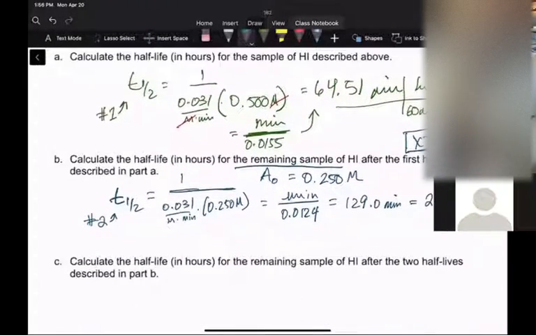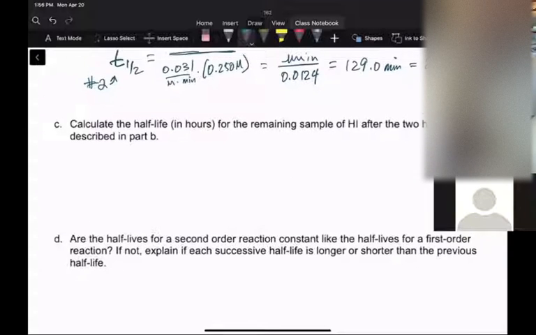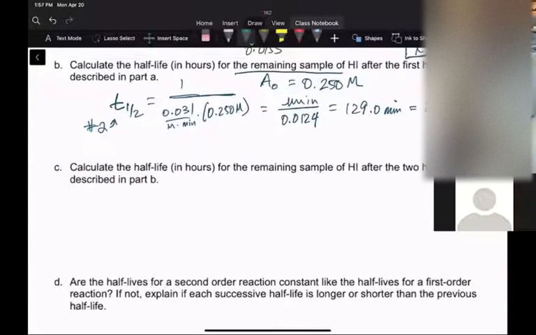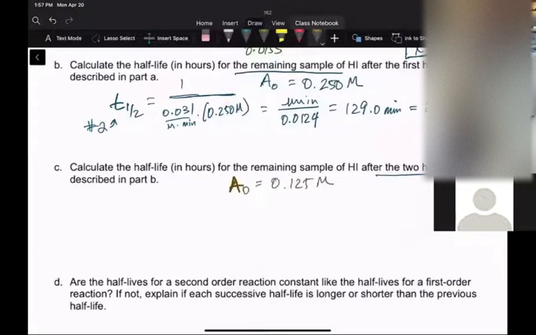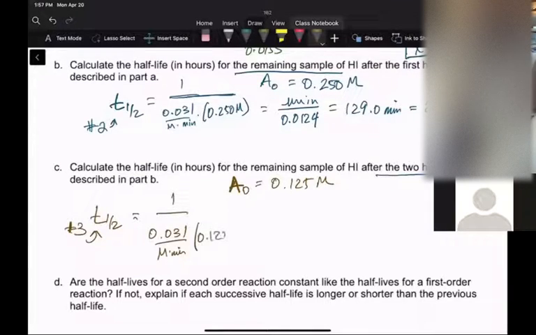If it's second order, it slows down at smaller concentrations. Now calculate the remaining sample after the 2 half-lives. So now we have a new A naught, 0.125. We're going to use the same k and find half-life number 3. Right, so that's going to basically double again.